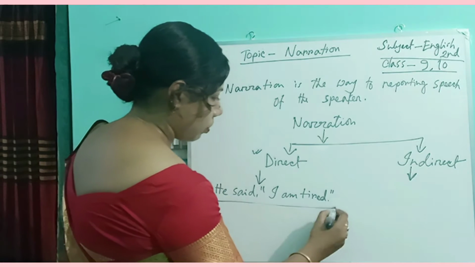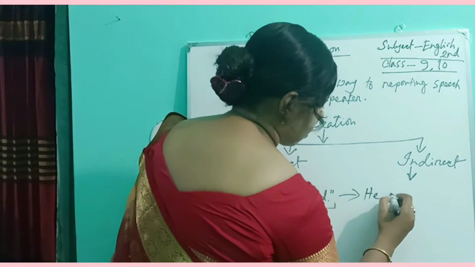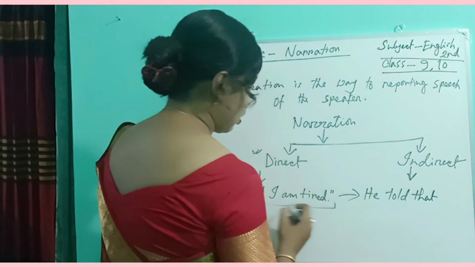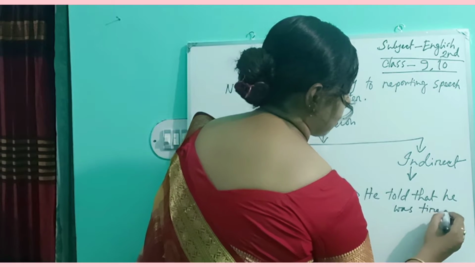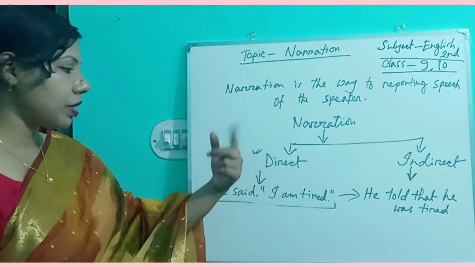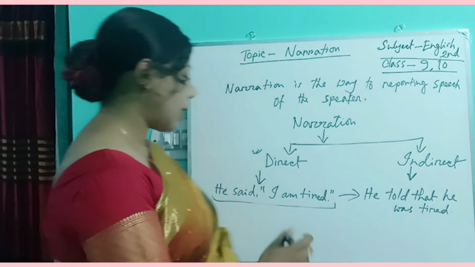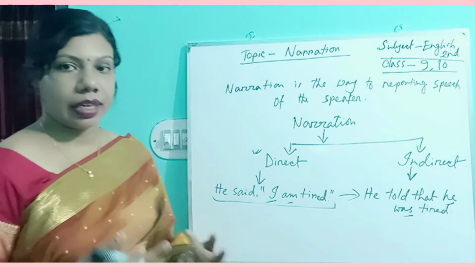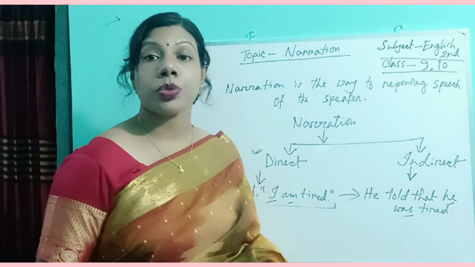We will change it into indirect. He told that he was tired. There is no quotation mark, the quotation will be omitted, and for that we put "that" here, and this will be changed here. We will learn later what will be changed in indirect speech.